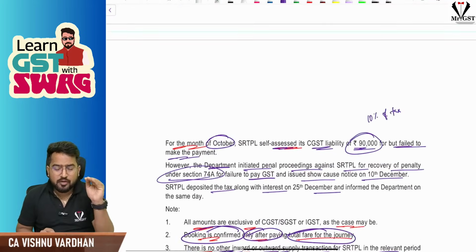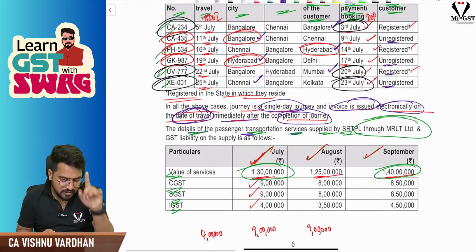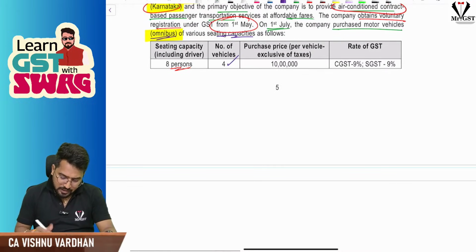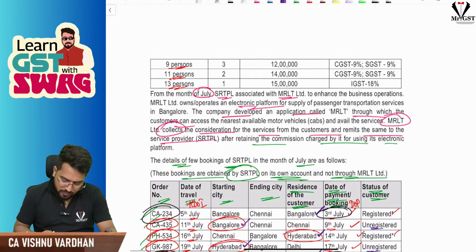They have purchased only motor vehicles, for which they are eligible for ITC, and on the taxes they have paid, on 10 lakh they have got 1.8 plus 1.8. Next, 12 lakh: 1.08, 1.08.